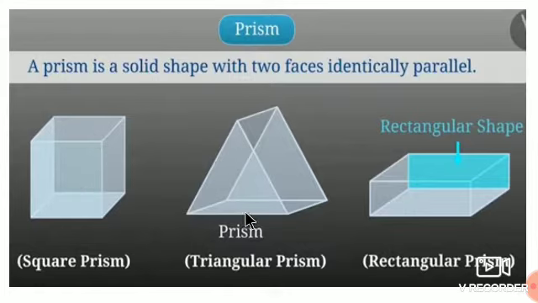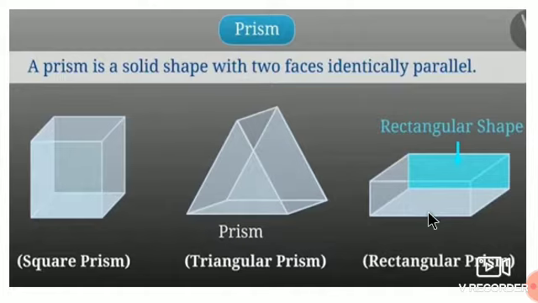This base of the prism is of triangular shape, and the top also is of triangular shape. This base shape is also rectangular, and the top is also rectangular. That's why the square prism name is given, triangular prism name is given, and the rectangular prism name is given.